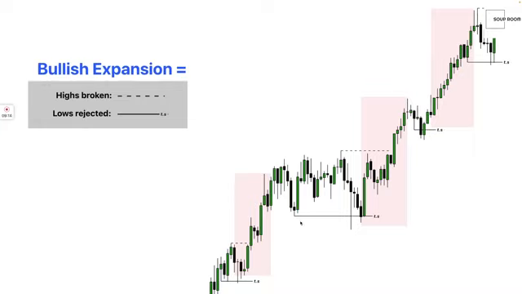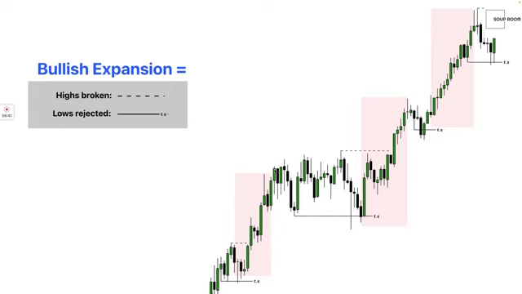As I've mentioned before, I will repeat: this is the most important aspect of figuring out what kind of range or trend we are in. Rejecting lows, breaking highs. Which high? The high that rejected the low. Look what happens. We will never come back below this high.